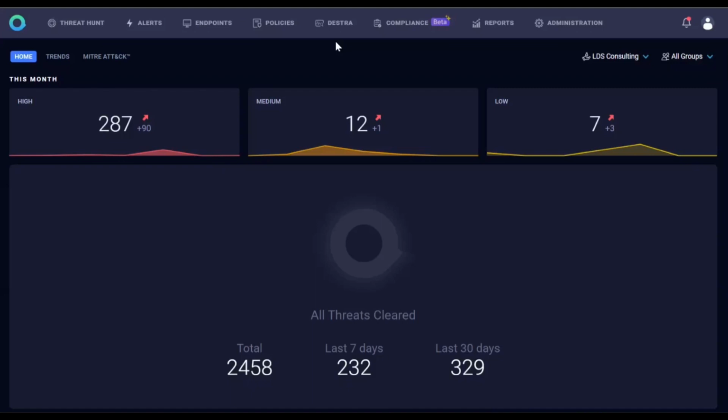We were able to quickly deliver a detection by leveraging the DESTRA, because we observed the behavior. The behavior is the process of the Exchange server spawning a command line. So this is a behavior to take into account, and in this way, in a short amount of time, all the customers were covered from those threats.